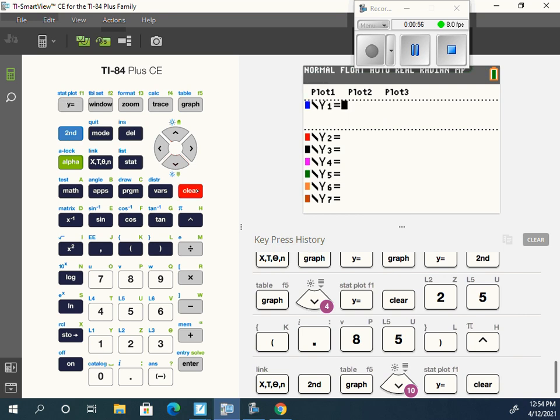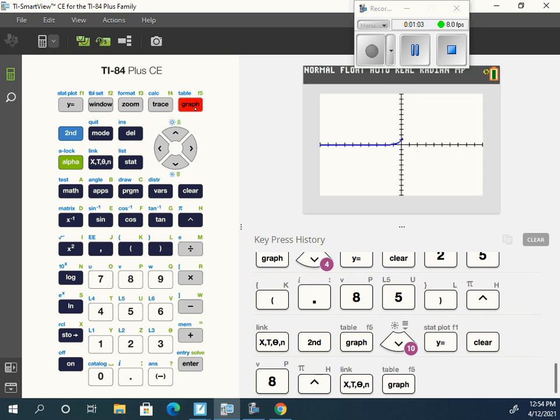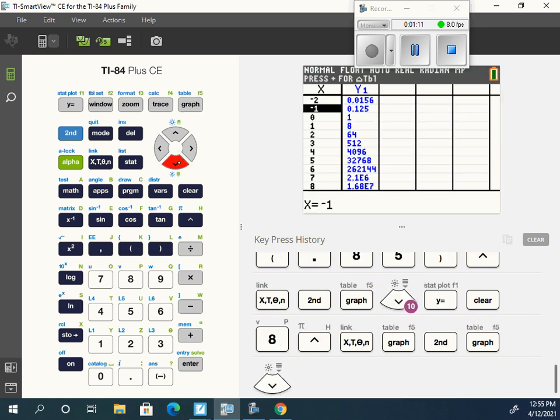So if we had, say, 8 to the x, and I graphed it here, it increases faster and faster. It's kind of hard to see on a graph, but if we look at the table, it goes 1, 8, 64, 512. Within 4 numbers, we're in the thousands.